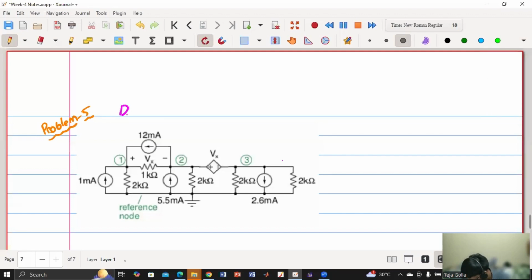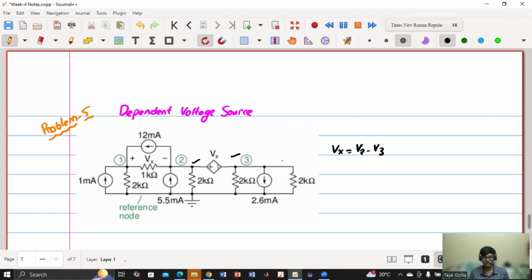So we have a dependent voltage source. Okay. So here I can write Vx is nothing but V2 minus V3. Agree? This minus this.